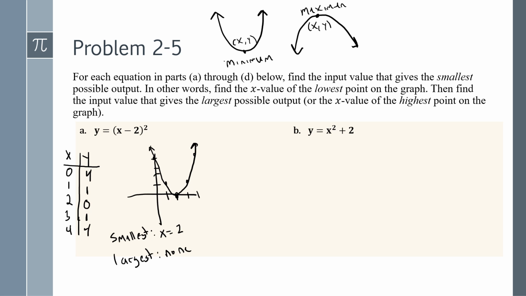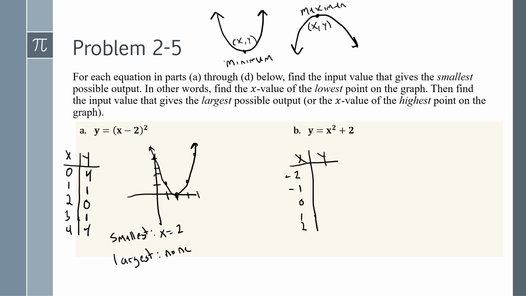Okay, so for B, same thing. Make a table. In this case, because there's no x in the parentheses, I'm just going to do my standard -2, -1, 0, 1, 2.